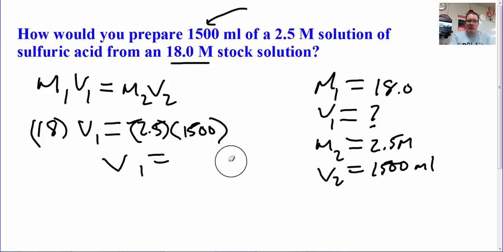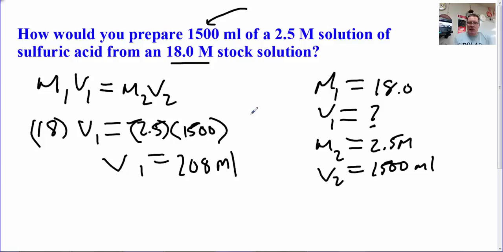Okay, let me erase that mess. Okay, that should say 208 milliliters. So what that tells me is I need to go to my jar of 18 molar stock solution of sulfuric acid, and with a graduated cylinder get out 208 milliliters of that stuff.